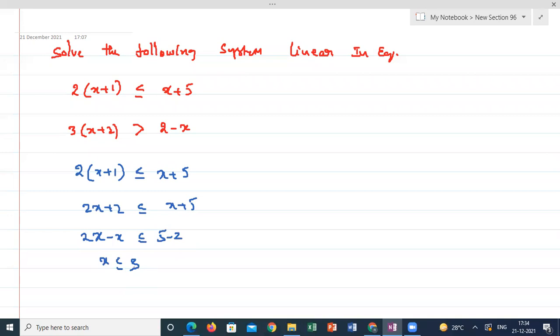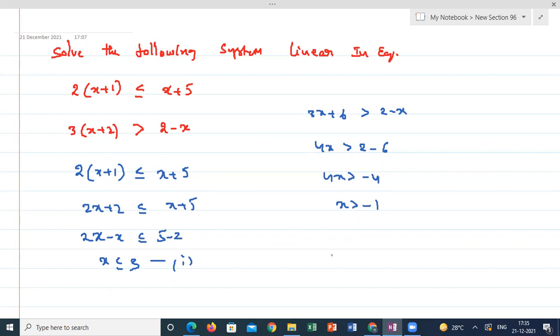This is my first one. Will you agree? Same as for the second one, 3x plus 6 greater than 2 minus x. Taking x terms, 4x greater than 2 minus 6, 4x greater than minus 4, x greater than minus 1. Is it clear?